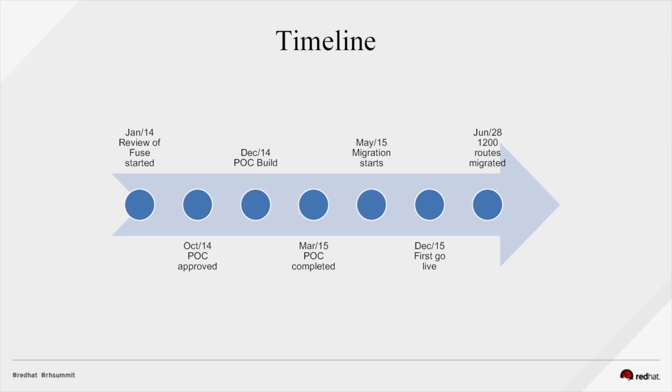So just to touch on the timeline that we had to deal with, in January of 2014, we started to do the review of the product after we were informed from Oracle that Oracle JCAPS was going to be end of life. And then by October 2014, we finally got through the approval process through the company to go ahead and start our POC. And so we ended up building up an environment and starting to transition the code in December of 2014.